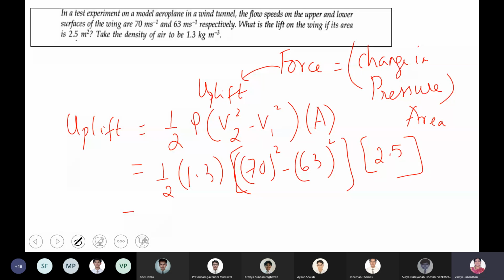Now what's the value, boys? Calculate. Okay, correct. Calculate the uplift, boys. What's the value you're getting?